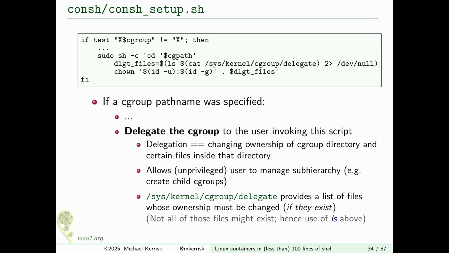But the result of the ls is I'm going to have a list of files that actually exist in the directory, and then I say that's my list of files, and then I say chown to my user ID, my group ID, the unprivileged user and group, on dot, the cgroup directory, and that set of files that I've discovered inside the directory whose ownership needs to be changed.